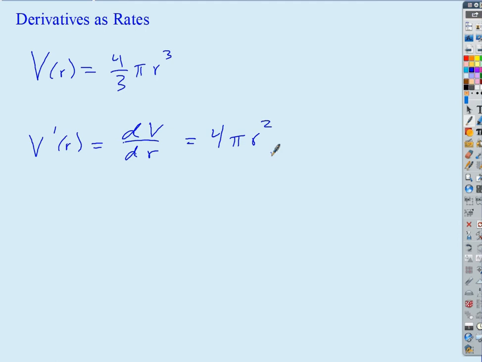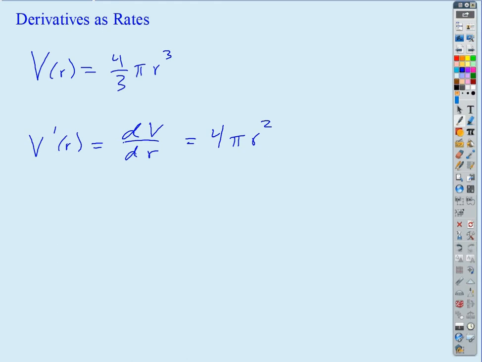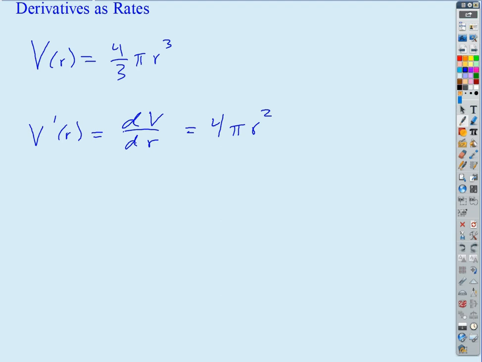We haven't really talked about derivatives in that way. We practice doing them, right? So here's how that would work. If we want to describe a derivative as a rate, we would always say it in this way, and let's make sure we understand why.